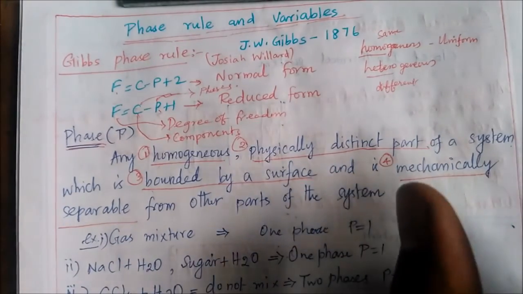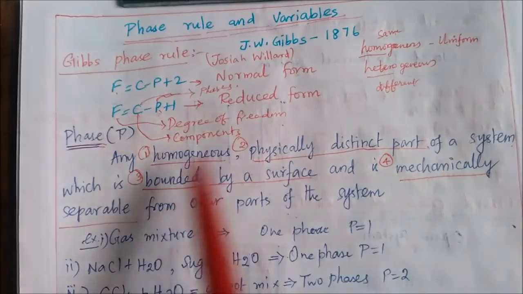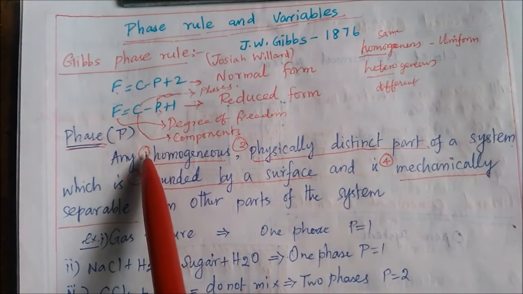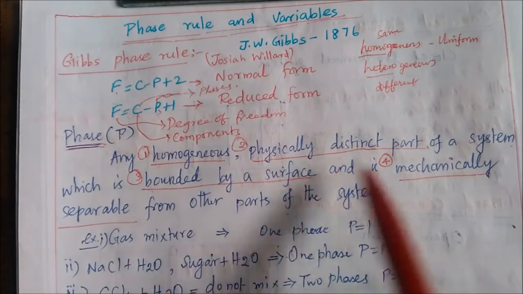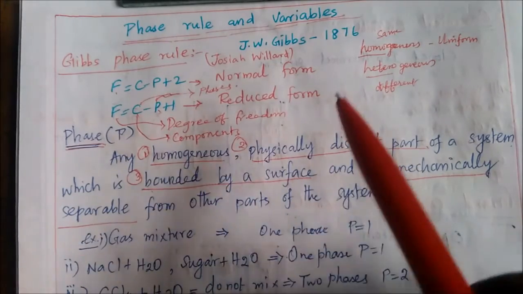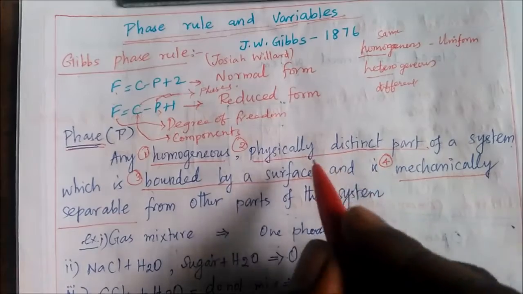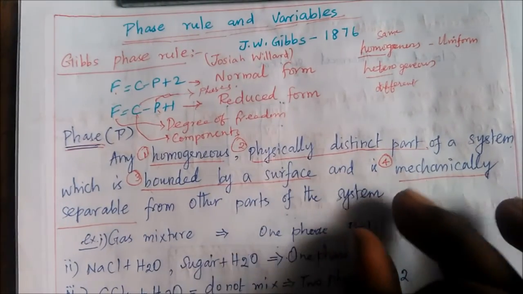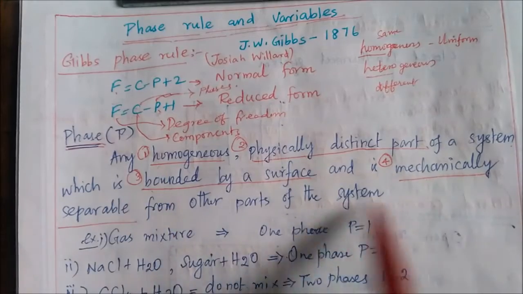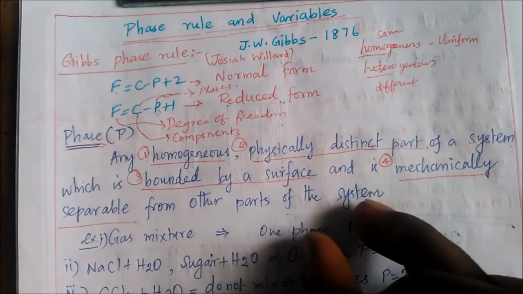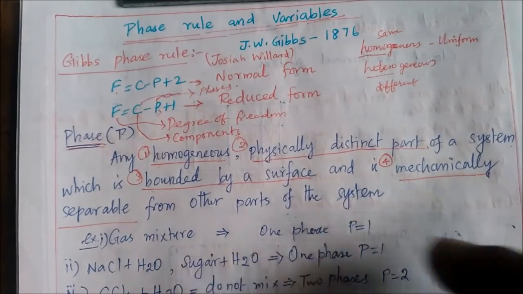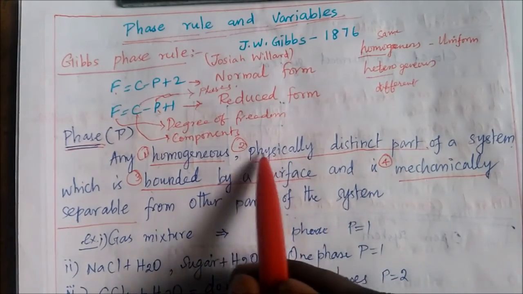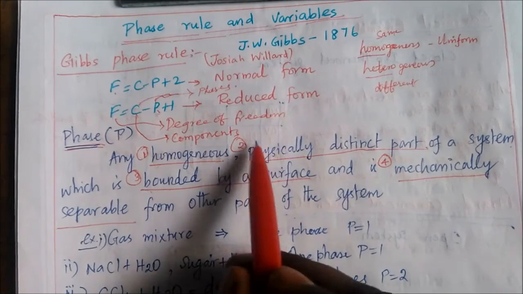If the part of a system is obeying all 4 different points, we can say that that particular part is a phase. If there are different kinds of such materials present in the system, then those different parts are different phases.